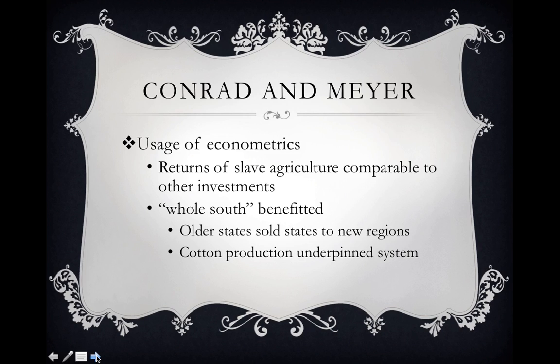So even though the plantation agriculture system was slowly dying out in the Old South, their argument is that as the land became less productive, as it was being farmed more and more, they were able to produce less, but those parts of the South still benefited because they saw income from selling existing slave labor to the newer regions of the South.